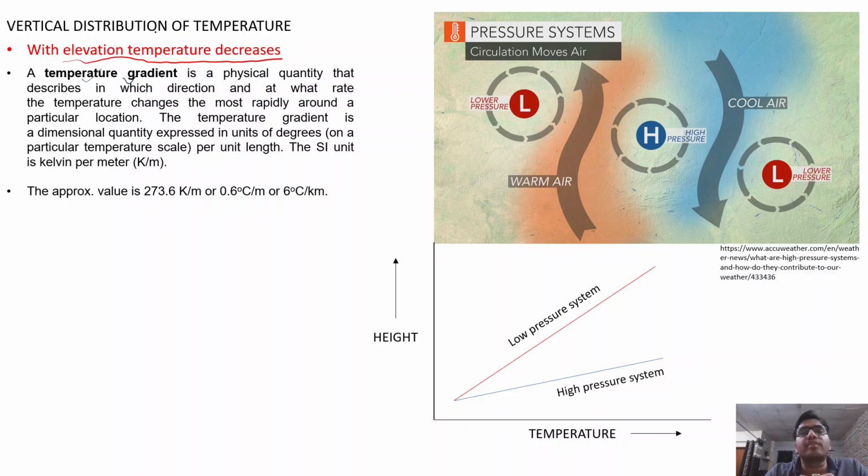Basically, temperature gradient is a physical quantity that describes in which direction and at what rate the temperature changes the most rapidly around a particular location. So let us say we are standing at this location, and we measure the temperature of this particular locality with height.